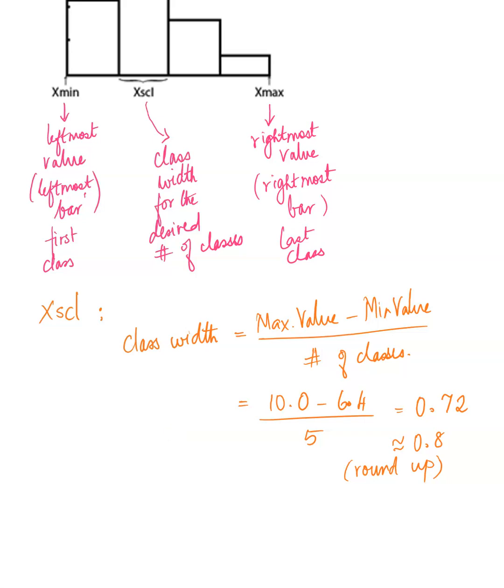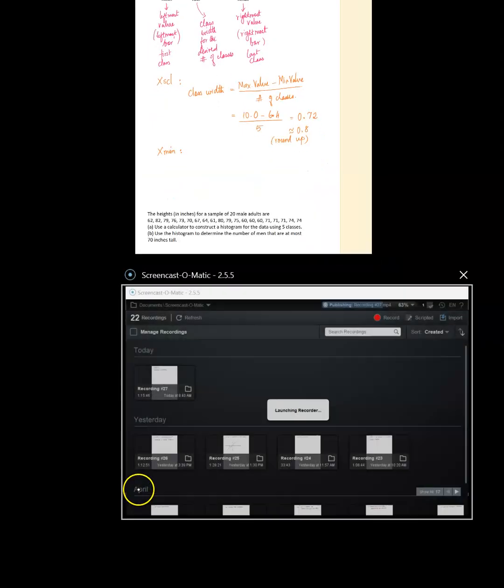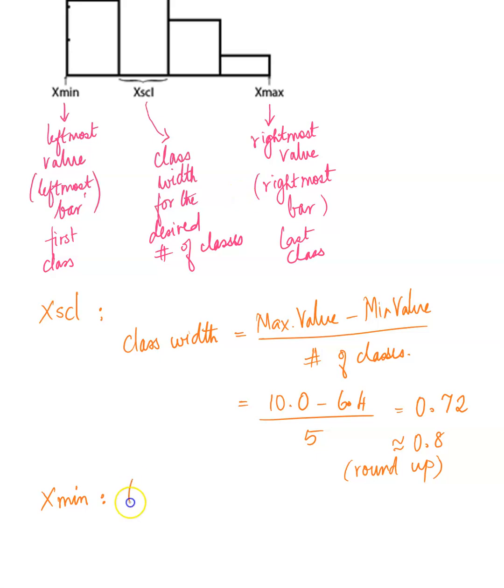And then that's your Xscl, and then Xmin. So when you actually go to your window in the calculator, right, that's where you'll be entering these values. So it's meant for that. Okay, Xmin is your minimum value, which is 6.4, and Xmax is the maximum value.